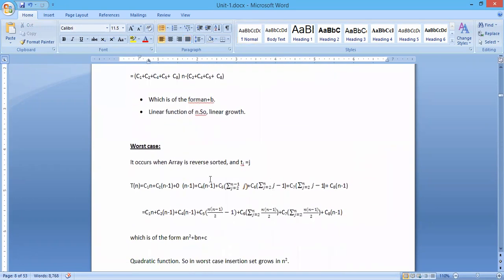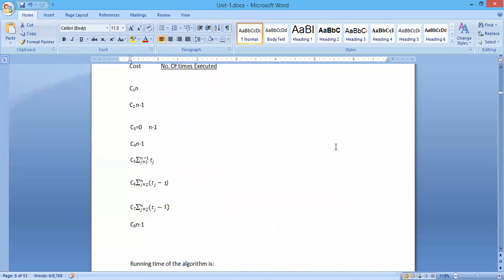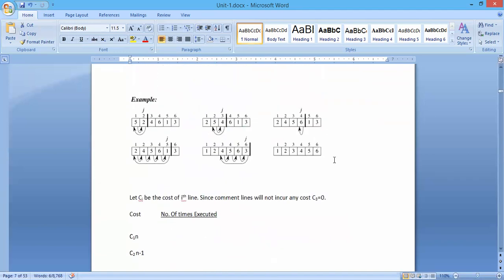Now the worst case occurs when the array is reversely sorted. We are going to sort in a reverse order. How can we sort in a reverse order? Like increasing order or decreasing order. This is an increasing order.